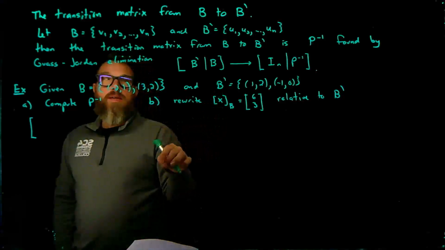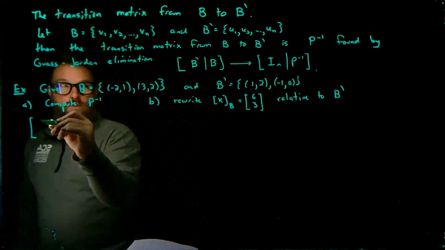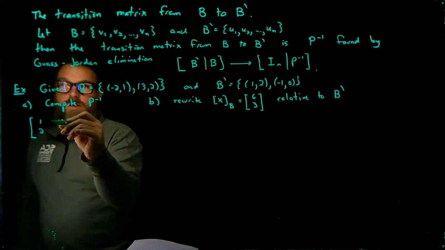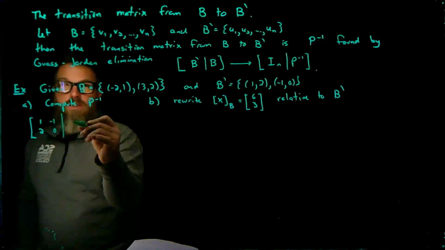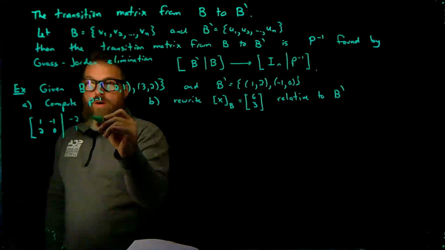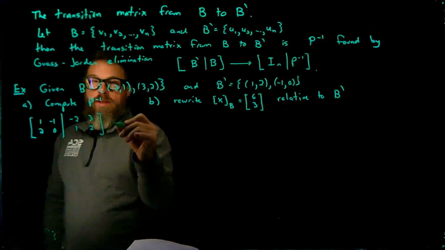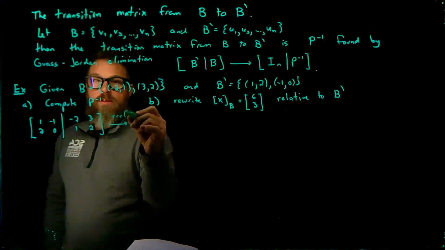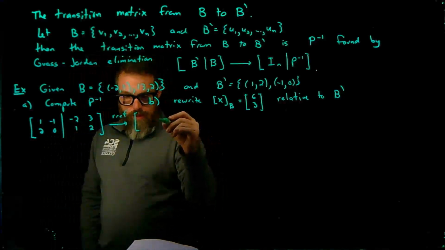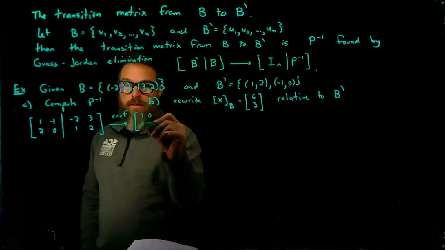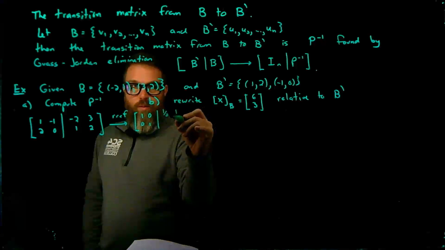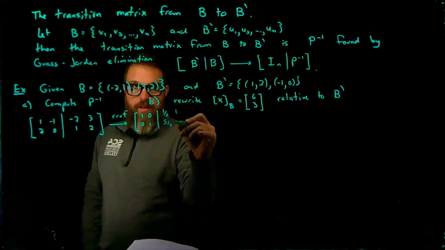B prime is these vectors over here: 1, 2 is the first basis vector, negative 1, 0 is the second. Now I'm going to join it with B, which is going to be negative 2, 1, and then 3, 2. Now I'm going to row reduce to echelon form using Gauss-Jordan elimination, and what we're going to get is the identity on this side, and P inverse, which is going to be 1/2, 1, 5/2, negative 2.